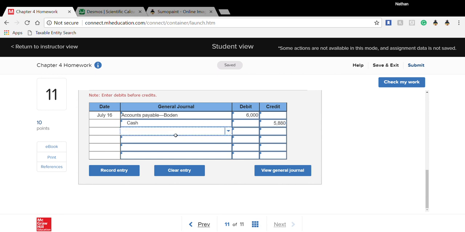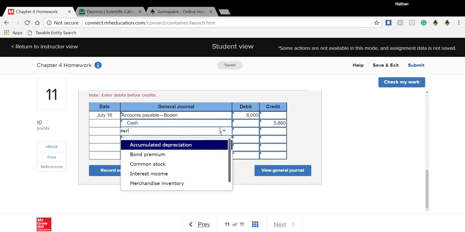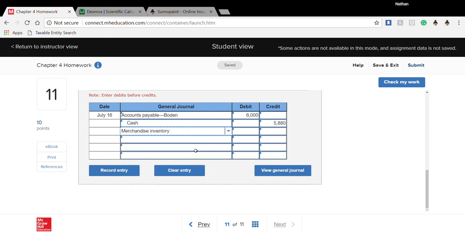With that being said, notice again, these do not balance. It's going to have a third account. And since we are actually paying this time around, our merchandise inventory should balance for this contract, or these products, $5,880.